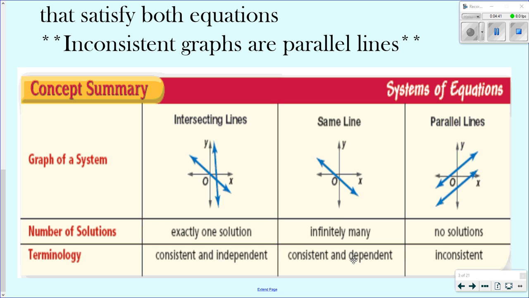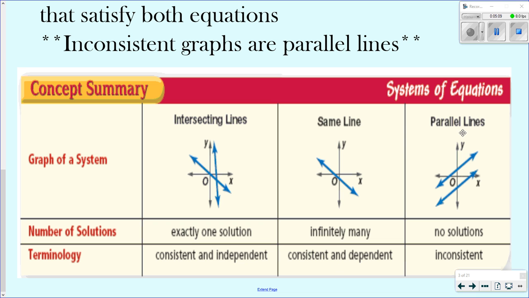And it's dependent because without your friend, you are dependent on what they make and they're dependent on what you make, so you can combine it to get what you need to get together. So that's how the same line works. They have infinitely many solutions, and they're going to be consistent because they have the same goal, and they're dependent on each other.